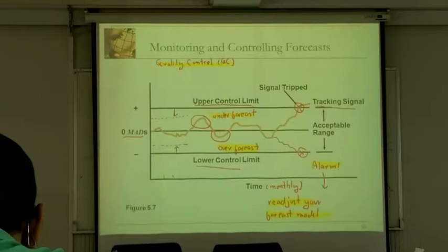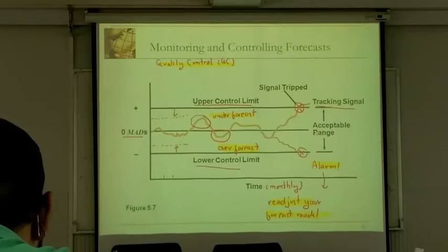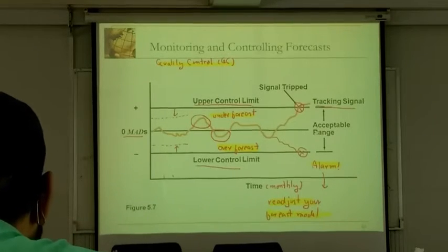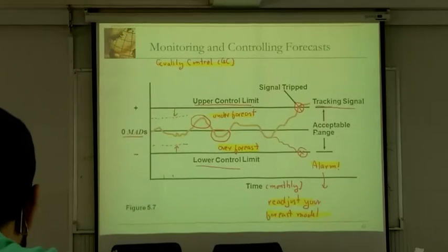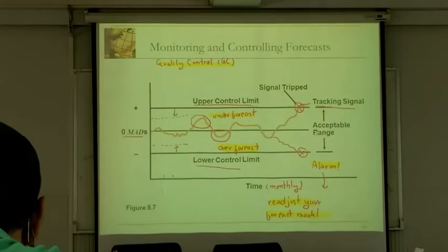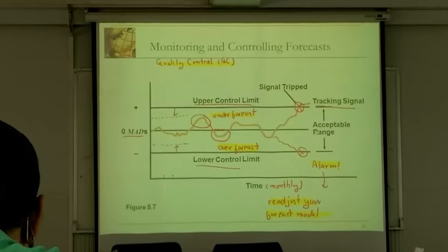That's when we're going to have problems. Sometimes we call this acceptable range. Next we're going to see how we can calculate this, and then we can assign some exercise. Because you need practice. Practice is the key.